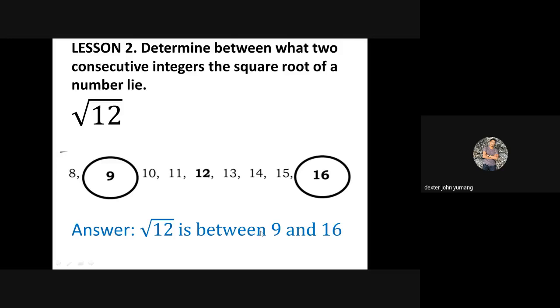So, plus minus 3. Tapos, ano po ang square root ng 16? 4. Plus minus 4. So therefore, ang answer dyan, square root of 12 is between plus minus 3 and plus minus 4. Yun po yung sagot. Let me correct that one.